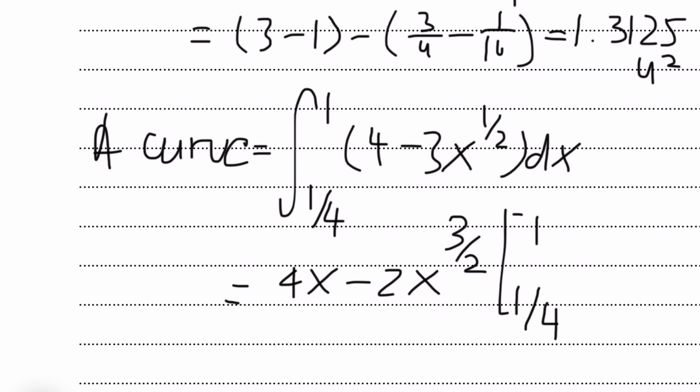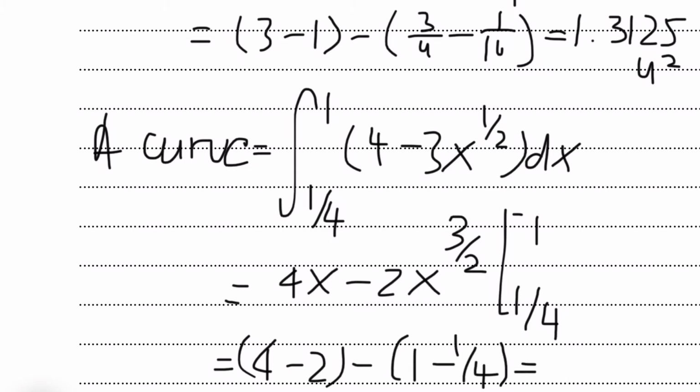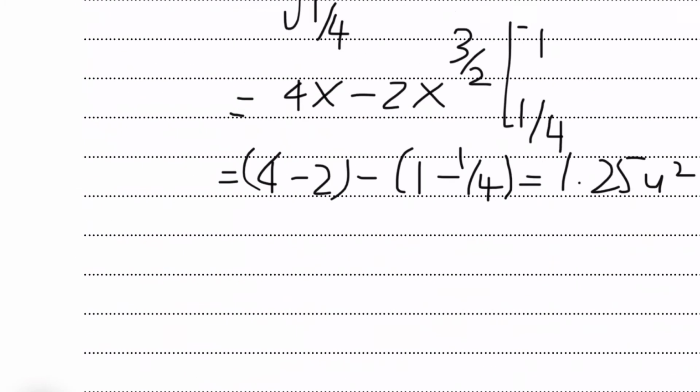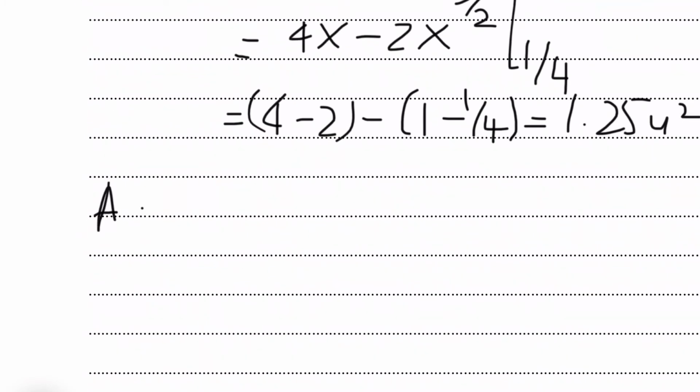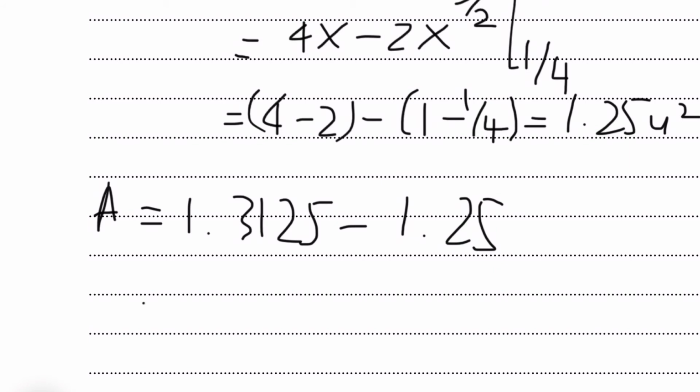So 4 minus 2 minus 1 over 4. This is equal to 1.25 units square. So the area of the shaded region will be the area under the line minus the area under the curve, which is 0.0625 units square.